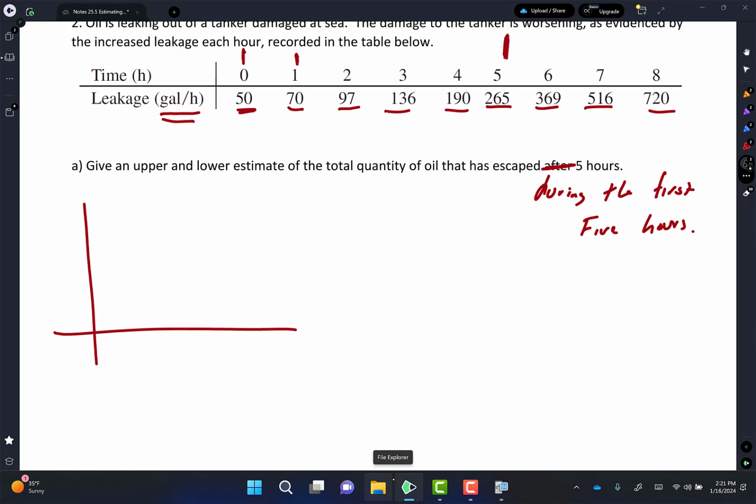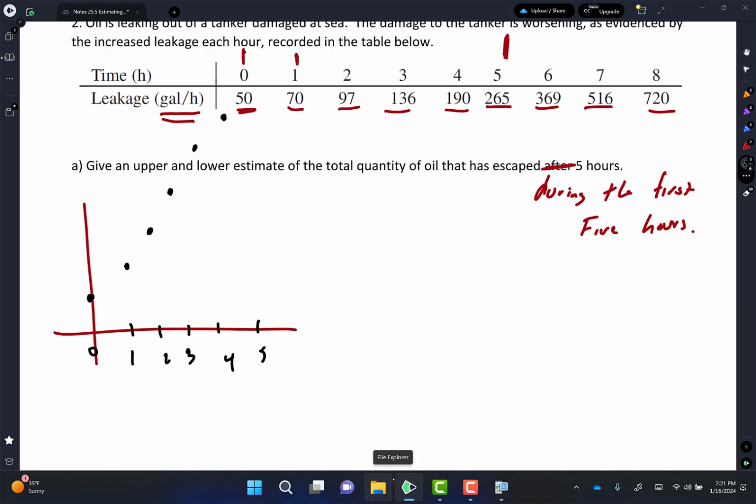So 0, 1, 2, 3, 4, 5 on the x-axis. It's not perfect.